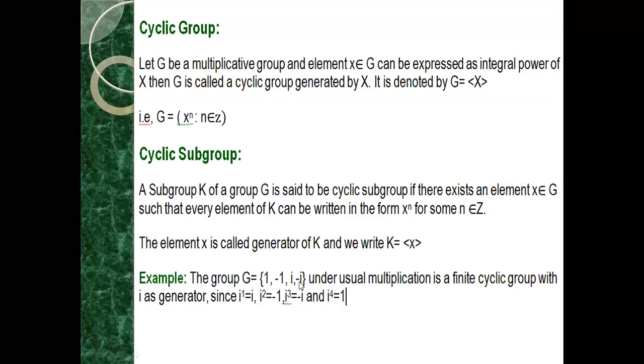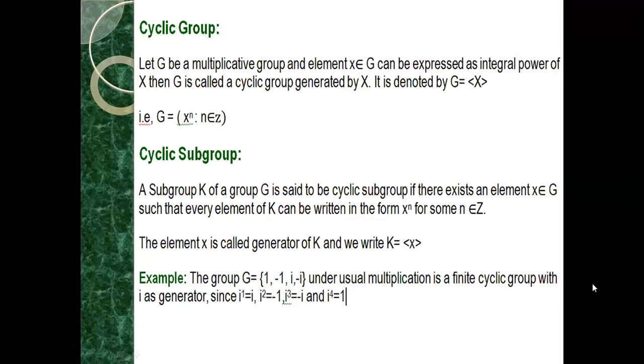So the generator element of this set is i, because with i every element of G can be expressed in terms of i powers. Okay. So i power 1 is equal to i, i square is equal to minus 1, i cube is equal to minus i, and i power 4 is equal to 1. Okay. This is the definition for cyclic group.